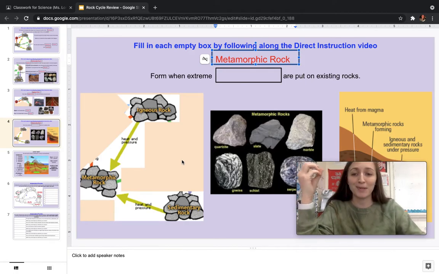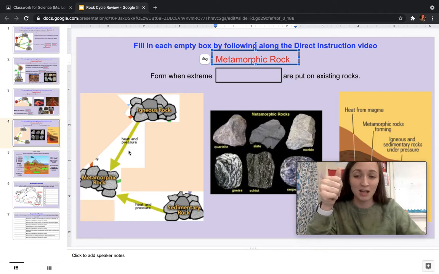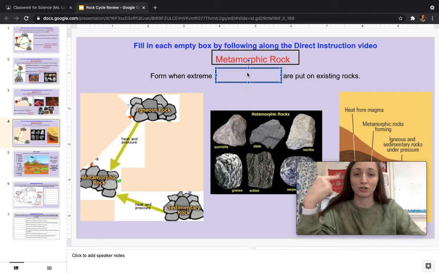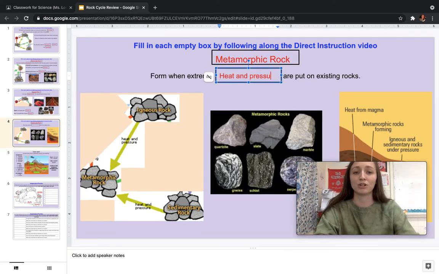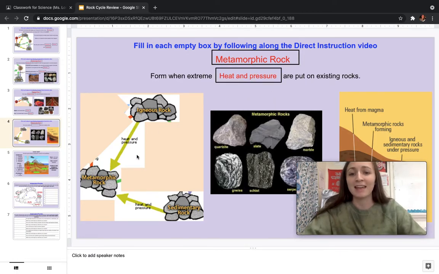So what's going to happen, let's say we have our igneous rock, that lava cooled down to form our igneous rock. It's going to go through extreme heat and extreme pressure. So we're going to say heat and pressure. And it'll kind of shift a little, change, and turn into a metamorphic rock.